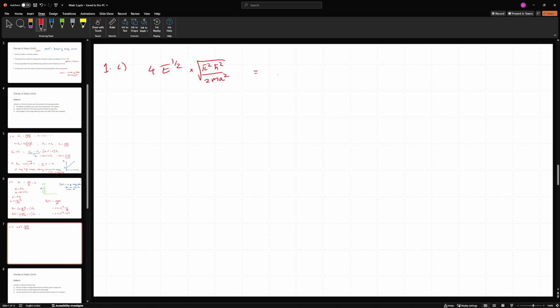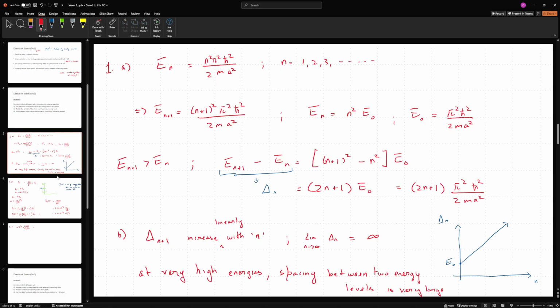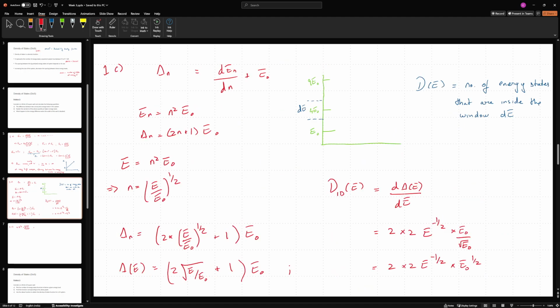Oh no, I shouldn't have written equal to here. D is proportional to this. It's not an equality yet.